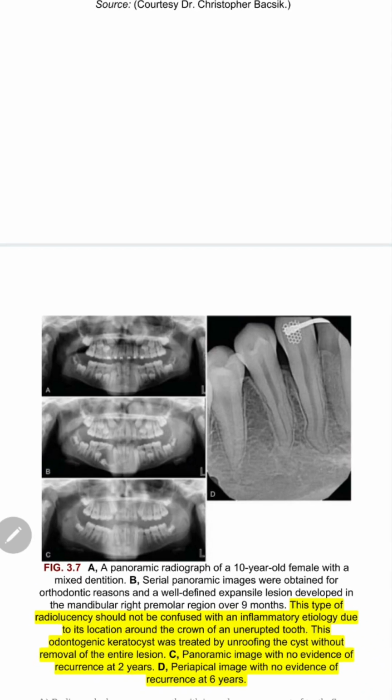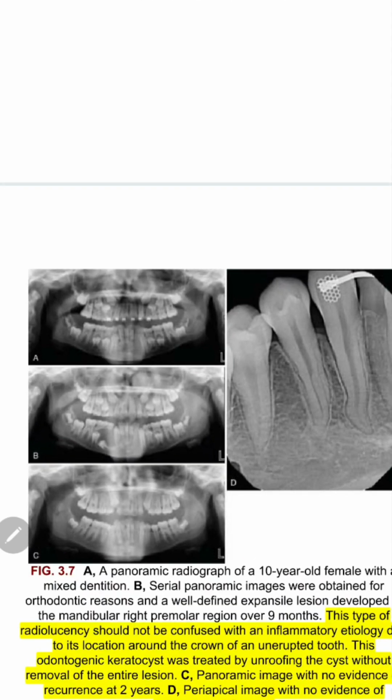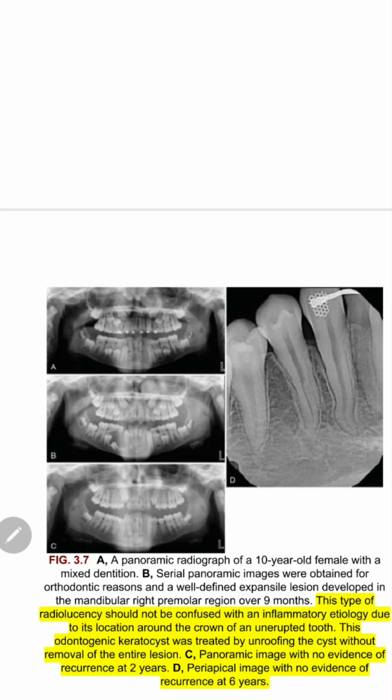We said that this cyst is associated with a non-erupted tooth. So we have here a case of a 10-year-old female with a mixed dentition. She was taking these panoramic images for orthodontic reasons.